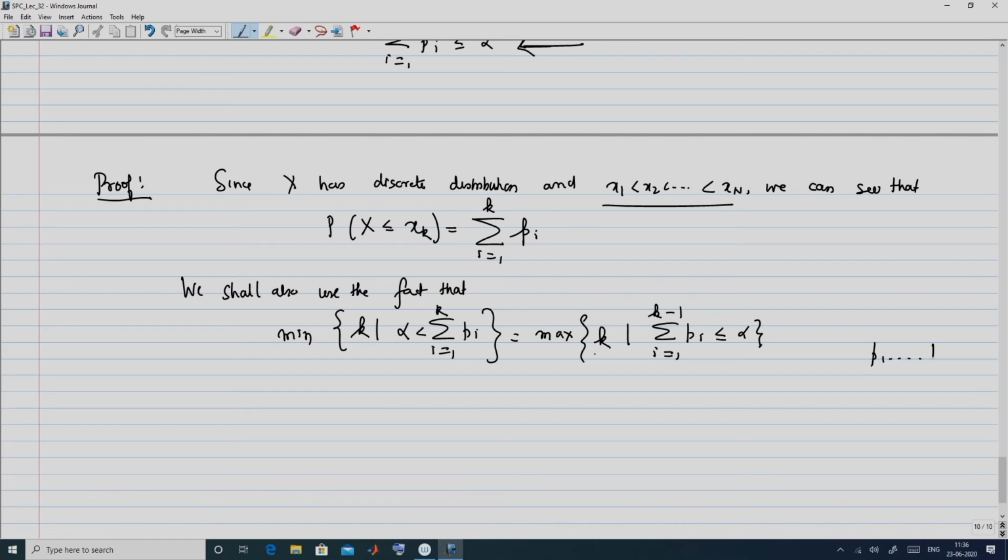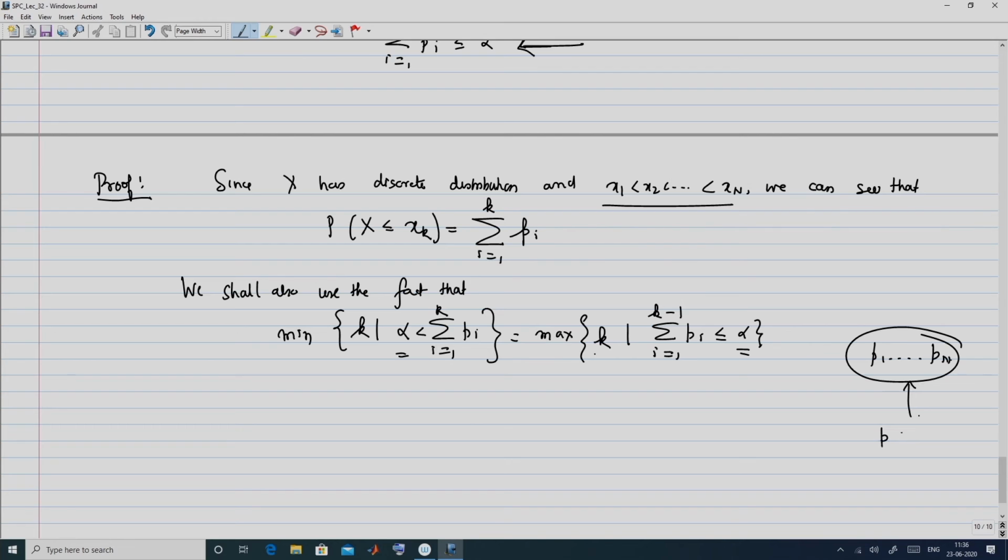p1 all the way to pN, and you basically set alpha to be some sort of a bifurcation criterion. So, here of course, alpha is pre-specified. Accordingly you identify the two probabilities in between which this alpha lies.